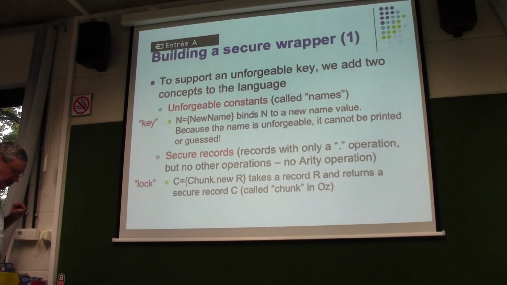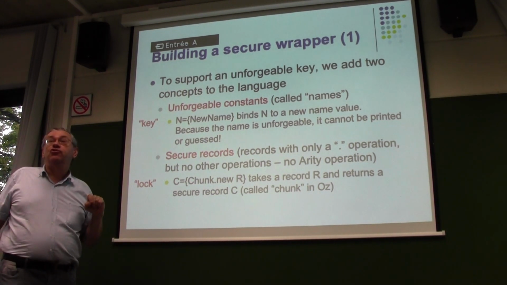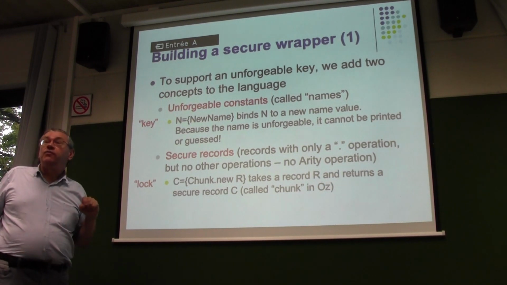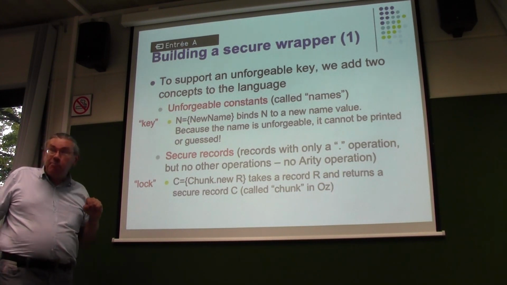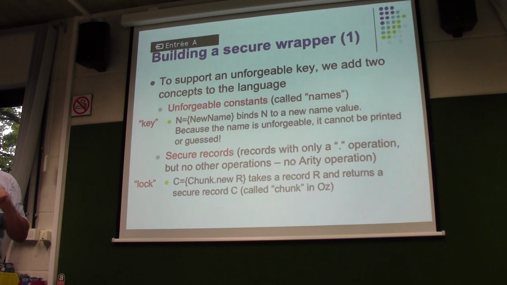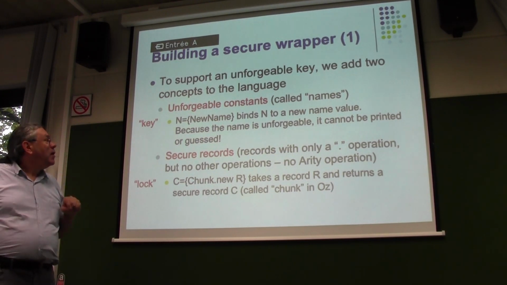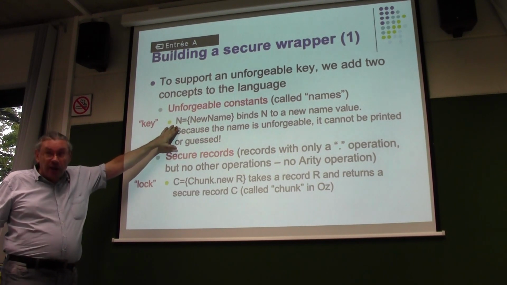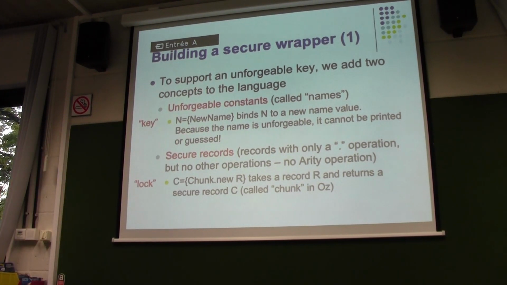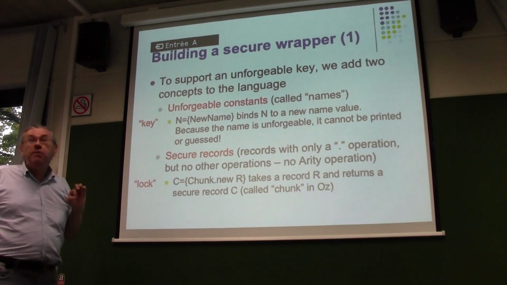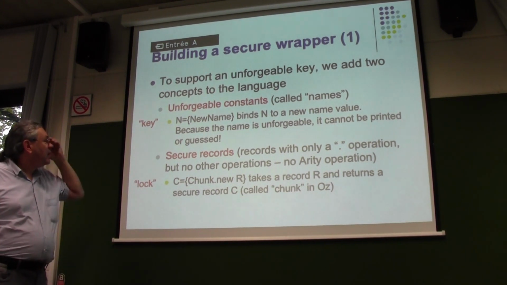In older languages like Lisp, there's a function called gensym, which generates a symbol, but that symbol is actually a string, so you could guess it. But it's not intended to be unforgeable. But here, it's not a string. It's an actual constant that cannot even be printed.